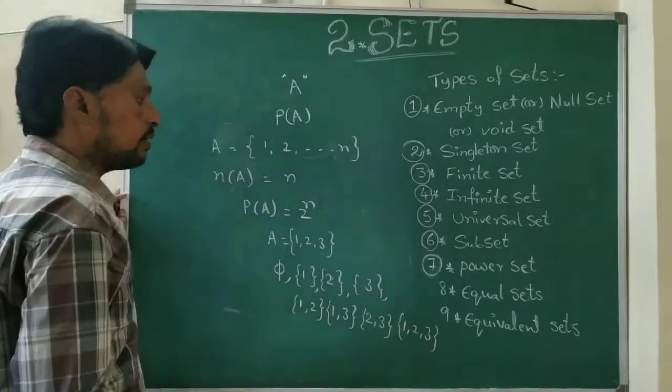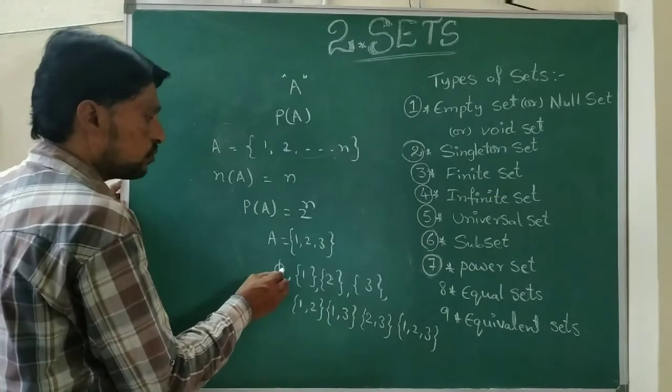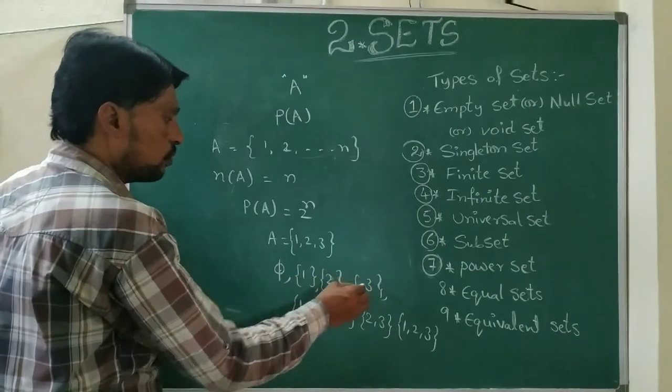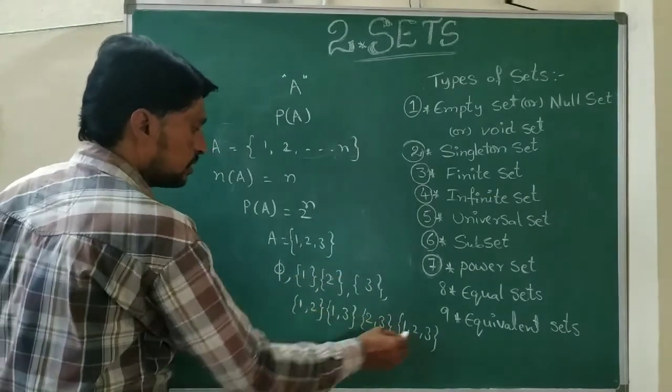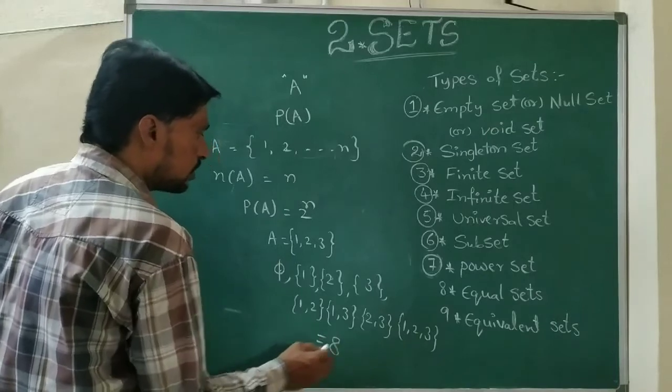Total how many subsets? 1, 2, 3, 4, 5, 6, 7, 8. So in total we got 8 subsets.